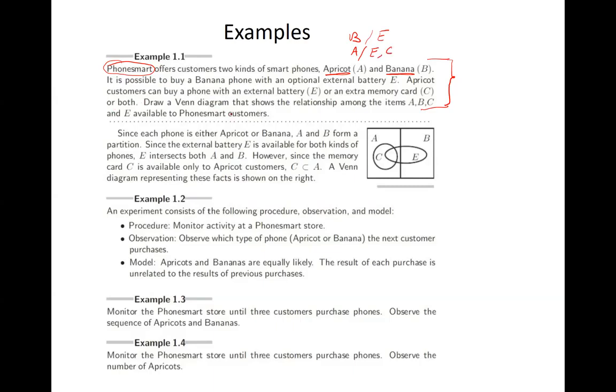Draw a Venn diagram that shows the relationship among the items A, B, C, and E available to Phone Smart customers. This is a typical set theory example.